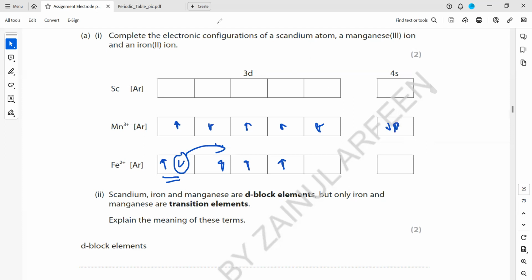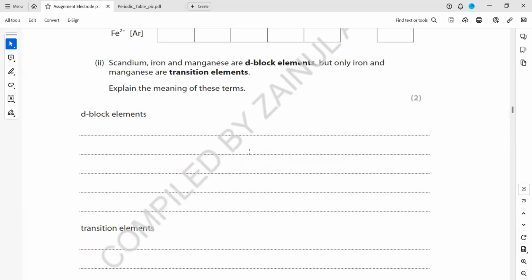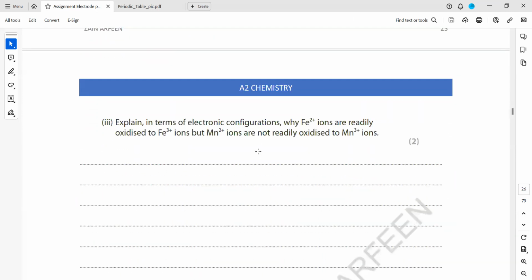So when the electrons are removed, this will be Mn 2+, and this is Mn 3+. Mn 2+ does not have a pair of electrons in the orbital, so it has less repulsion as an unpaired electron. But here, in a pair of electrons, like charges repel each other. That's why iron 2 can readily oxidize to iron 3, but manganese 2 cannot be readily oxidized to manganese 3.